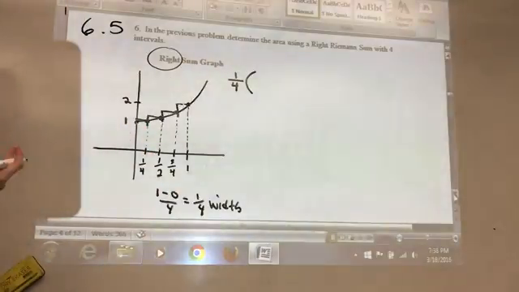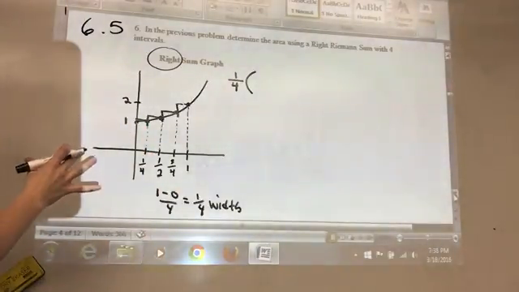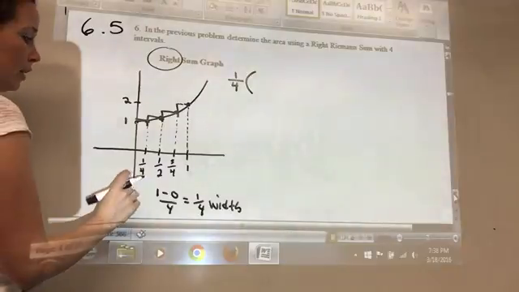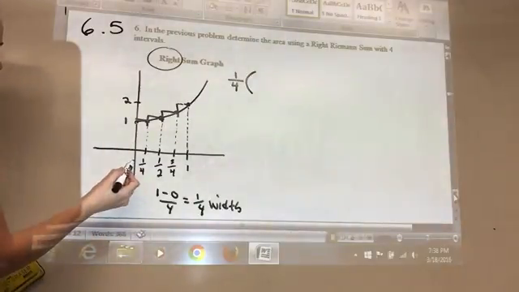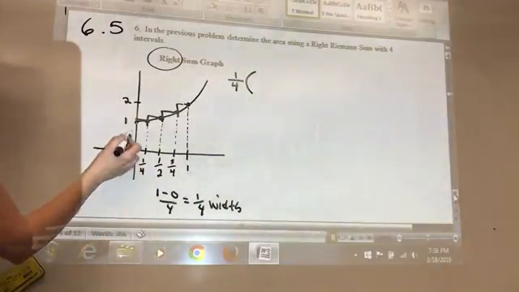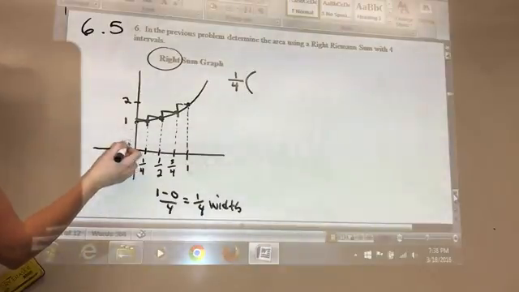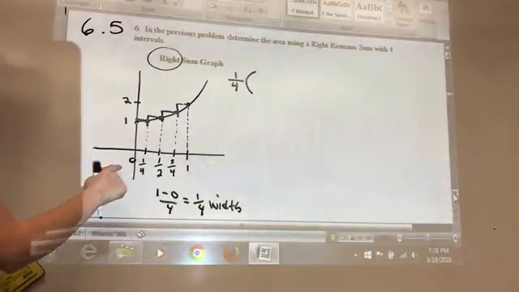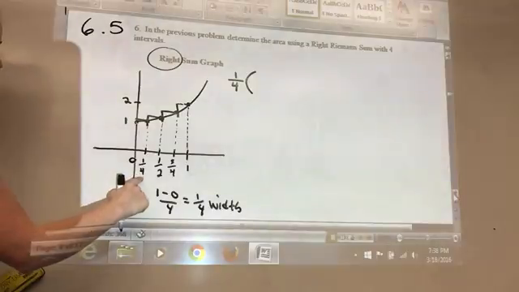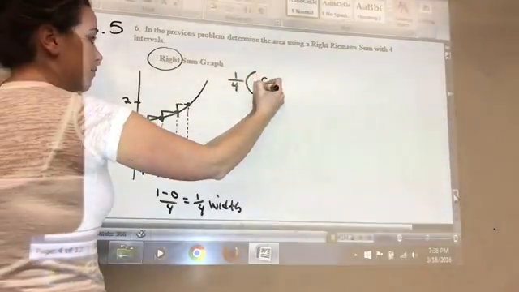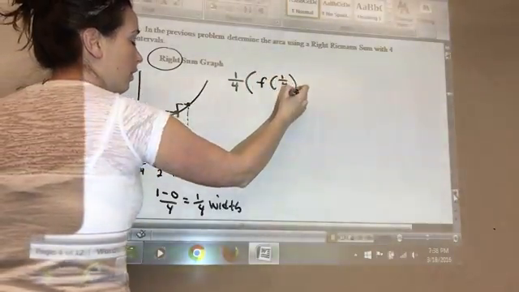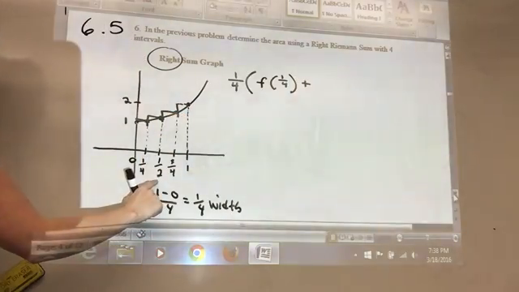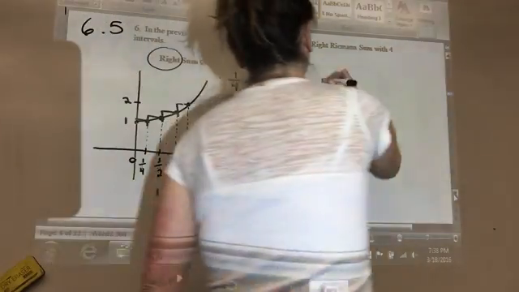We've already done the work before in our other problem, but you can see the right-hand side. Do you see I won't be using 0 this time? That's a left-hand side of a rectangle. It is not a right-hand side, so I don't need that information anymore. I will need f of 1/4. I will need f of 1/2, 3/4, and 1. So let's write that here.